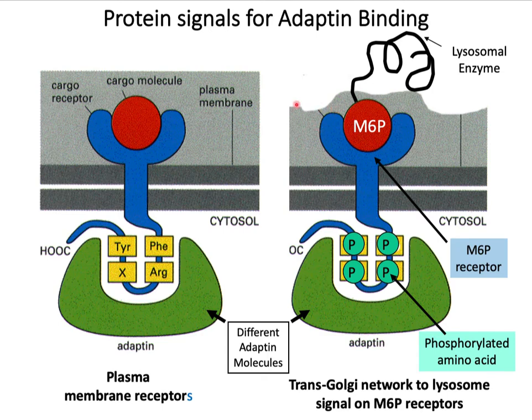It is the mannose 6-phosphate receptor in the trans-Golgi network that mediates that. The specific adaptins that form coats at the trans-Golgi network don't bind to that receptor sequence, but bind to a specific sequence of a phosphorylated amino acid, shown here as P's. As it turns out, the mannose 6-phosphate receptor has a number of amino acids that can be phosphorylated. So the adaptin found in the clathrin coats of the trans-Golgi network will bind specifically to the mannose 6-phosphate receptor.